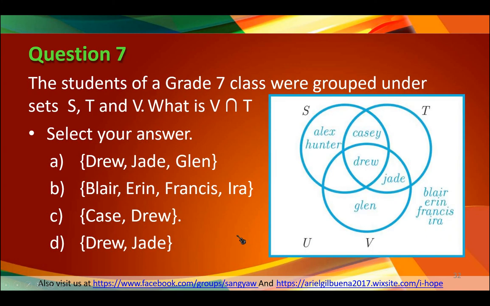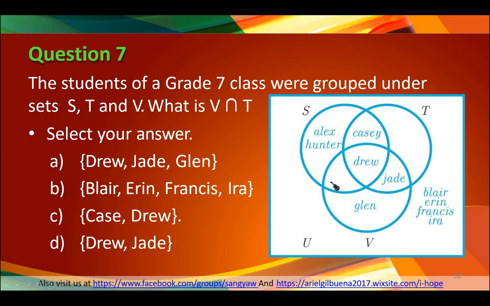Alright. Then another, question number 7. The students of a grade 7 class were grouped under sets S, T, and B. So, what is B intersection of T? Ito yung sinasabi natin 3 sets. So, saan sila nagkatagpo-tagpo na tatlo? So, dito po.